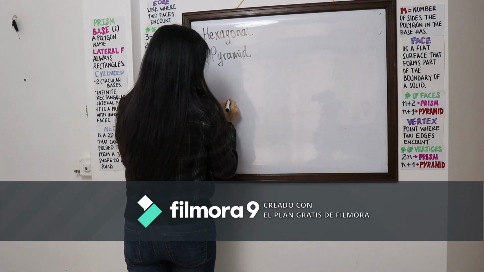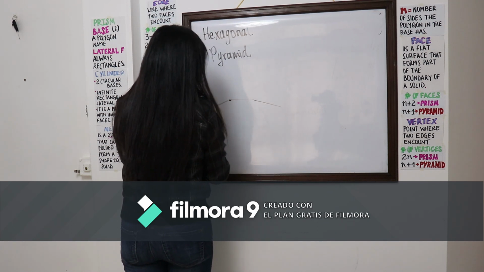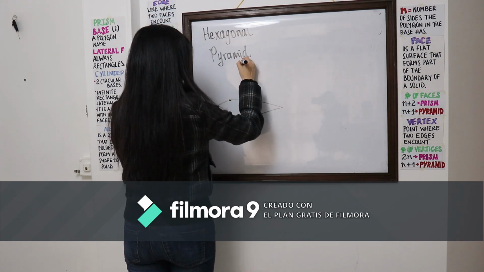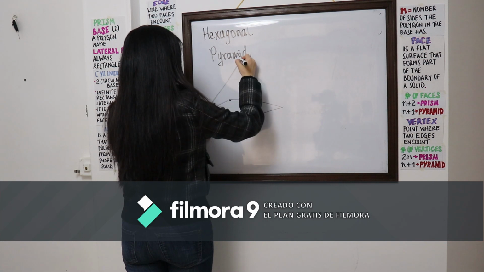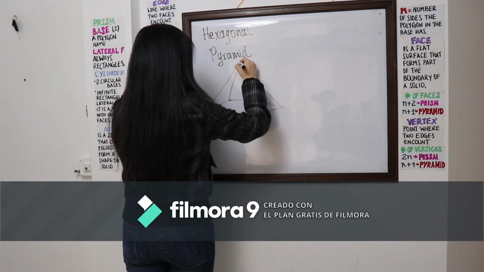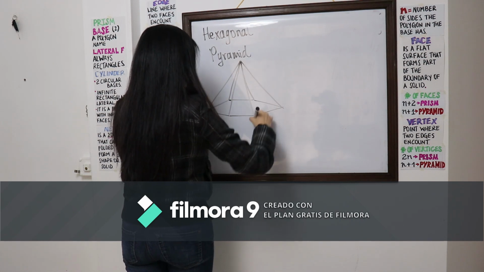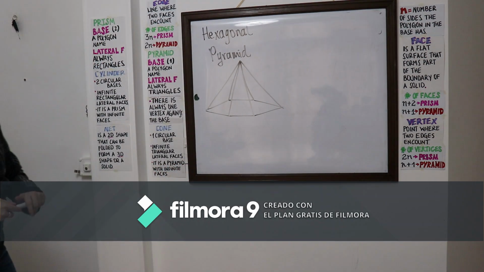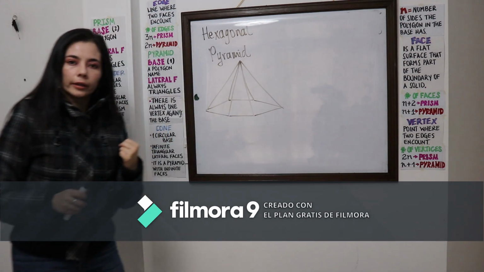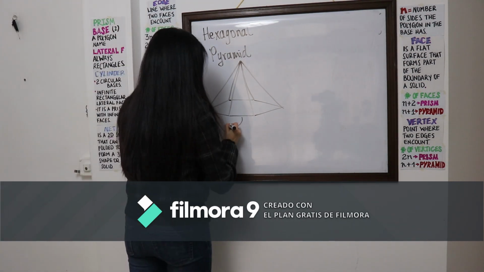They're also solids, but these solids are a little bit different. How are they different? Well, first of all, they only have one base. All right? So we have only one base this time. The one down here. This is my base.